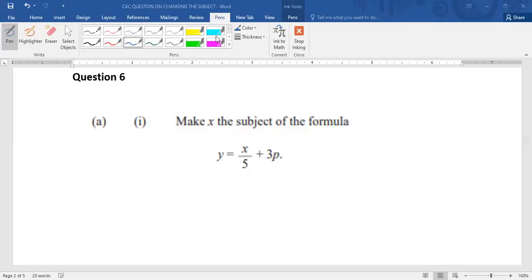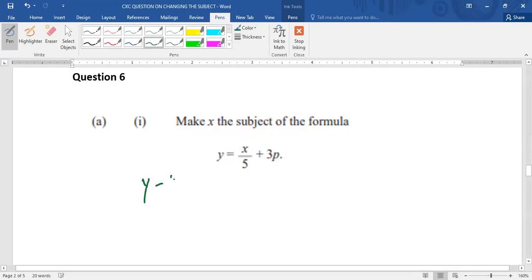Remove the 3P. We move the 3P, so that means Y minus 3P is equal to X over 5. Then what will I do with the 5?